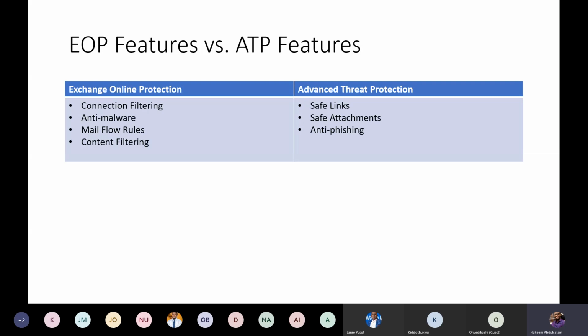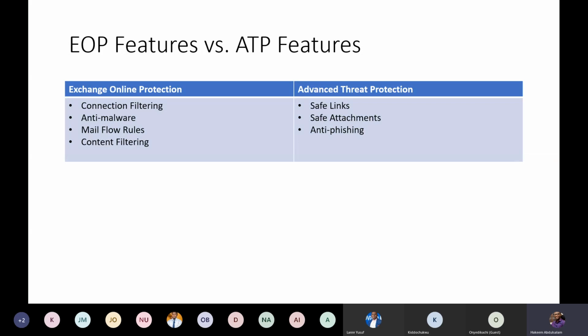Then it goes through the anti-malware engine to ensure the email doesn't contain any malware. Then it goes through the mail flow rules. If you've set any rules in place, those take effect. And also content filtering, to look at the body of the email to ensure there is no spammy content in it.